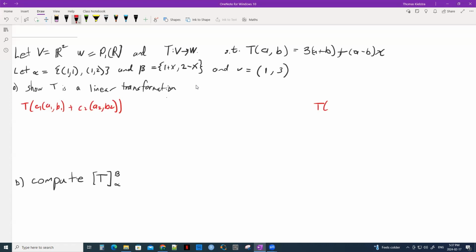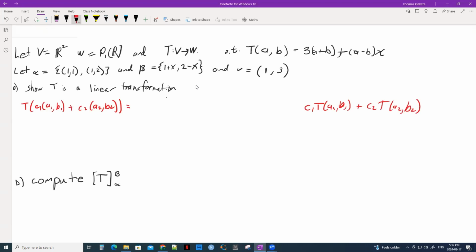And now I'm going to look at c1 T of (a1, b1) plus c2 T of (a2, b2).